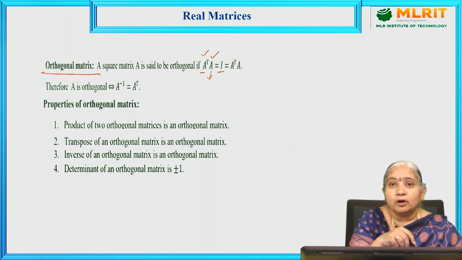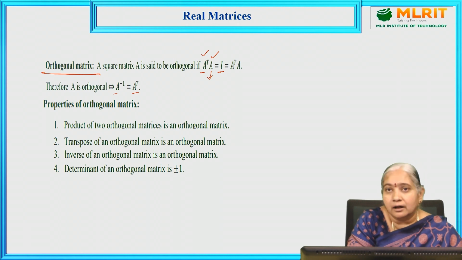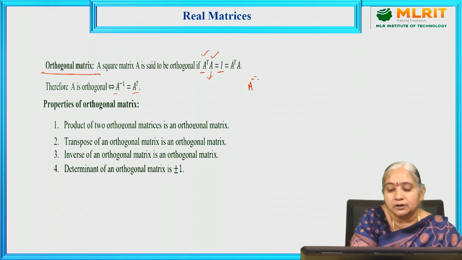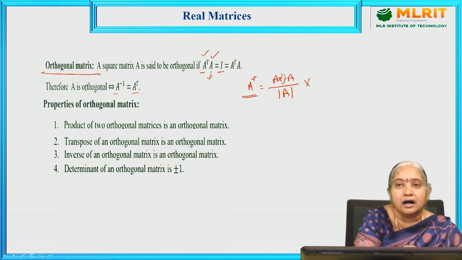The main important property of the orthogonal matrix is A transpose equal to A inverse. That means we need not find the inverse of the matrix A by applying the formula A inverse equal to adjoint A by det A. There is no need to find A inverse if the matrix A is orthogonal.